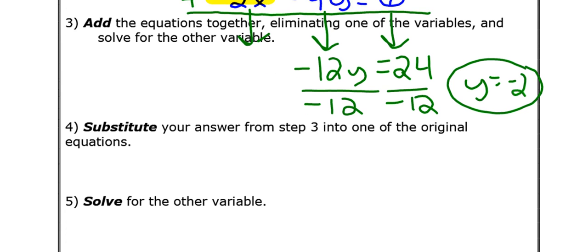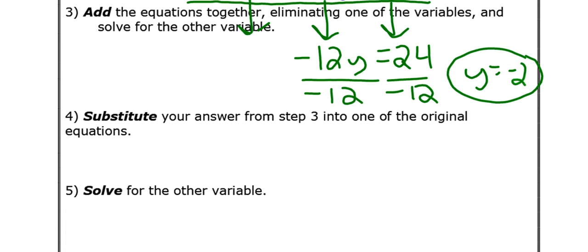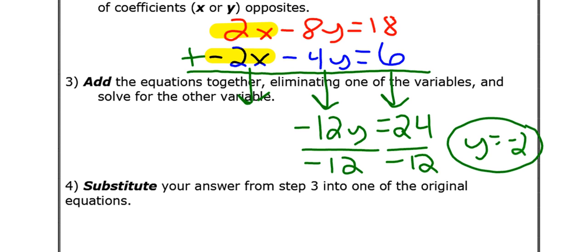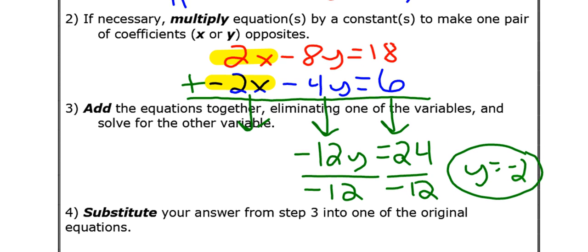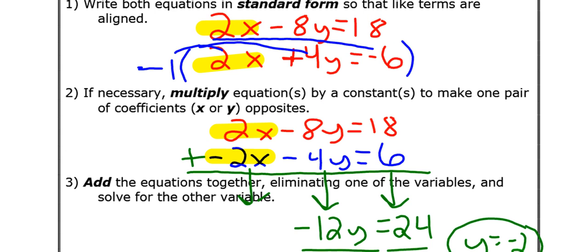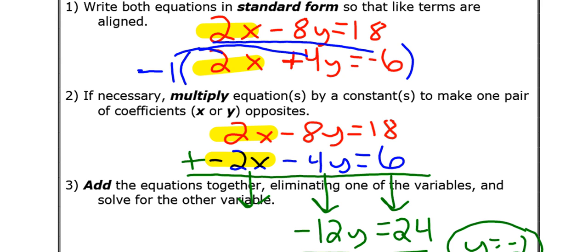Remember, when we're solving systems, we need both an x and a y. So we have y equals negative 2. Now to get x, we've got to substitute that negative 2 into one of the original equations. It doesn't matter which one. I'm just going to do the top one since that seems less messed with.